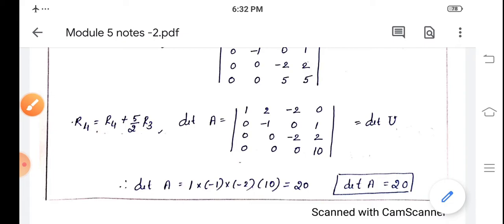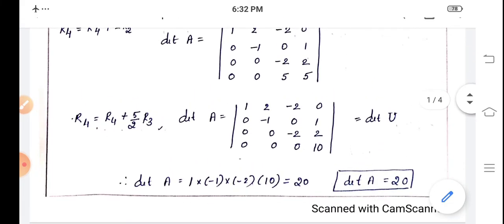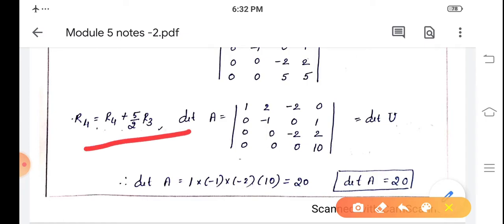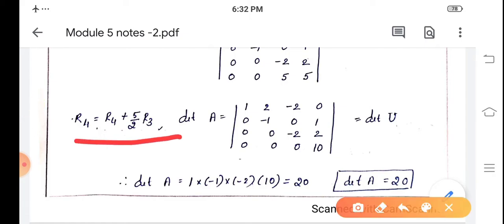And remember, when we apply a row operation, we are not multiplying a row by a scalar, because when we multiply a row by a scalar, the determinant value will change. Instead, we can add a scalar multiple of one row to another row. So I am using that row operation here, adding a scalar multiple of the third row to the fourth row. That is R4 equals R4 plus 5 by 2 times R3.